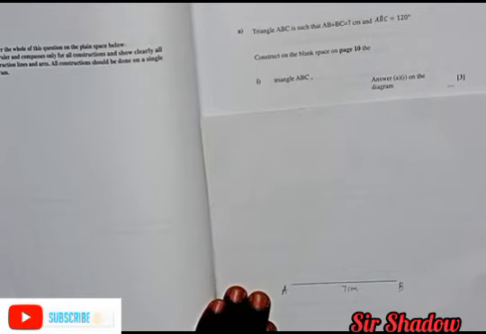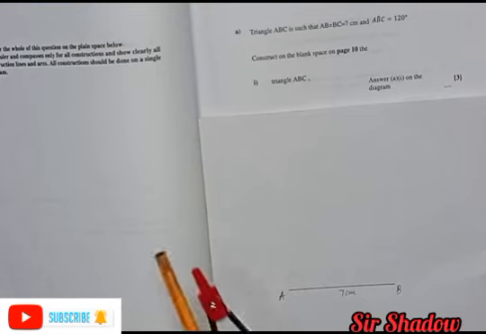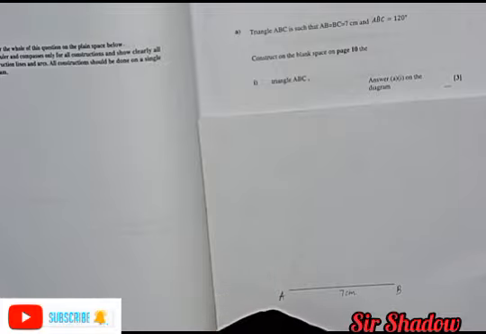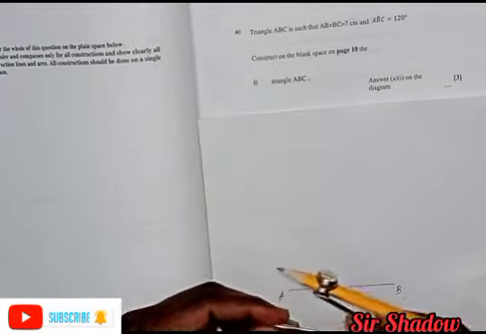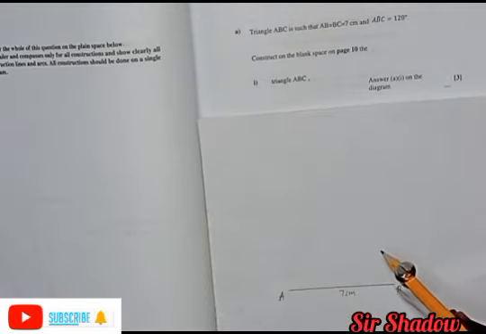First, you have to open your compasses at any radius, like I want to open this radius.